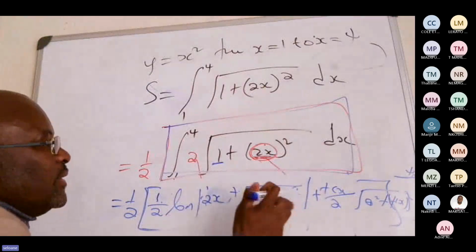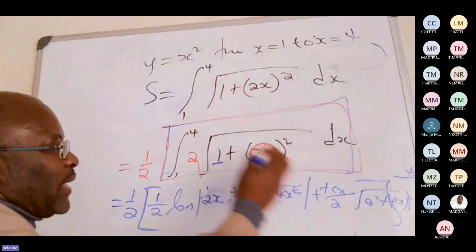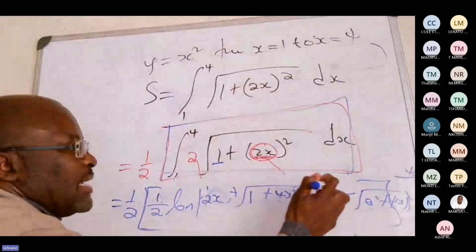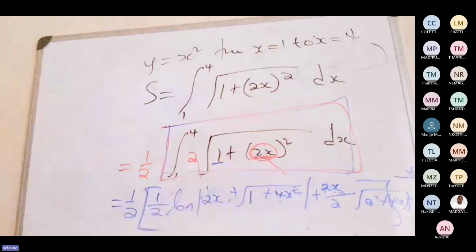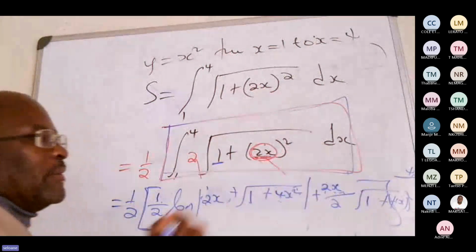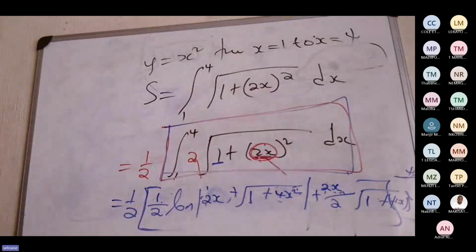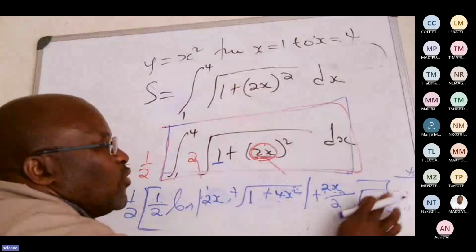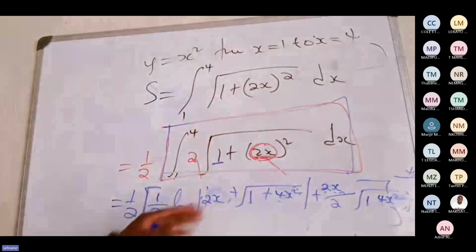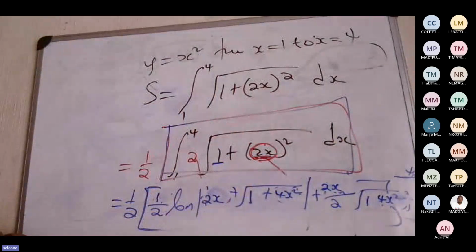F of x is 2x, then it will be 4x squared, because it's 2x all squared. Then plus, what is f of x? F of x is 2x. What is a squared? A squared is 1. Therefore it will be 4x squared.